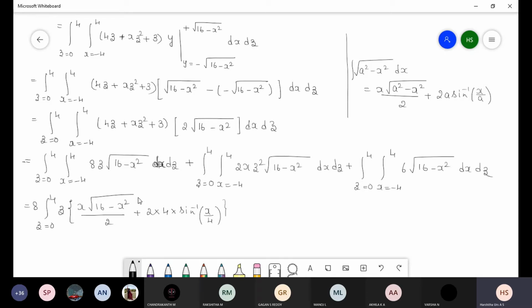So here the limit varies from x is equal to minus 4 to 4 into dz. I will write as it is.